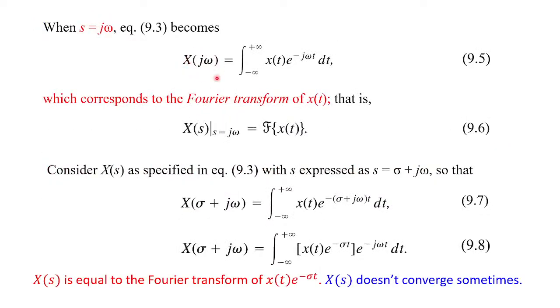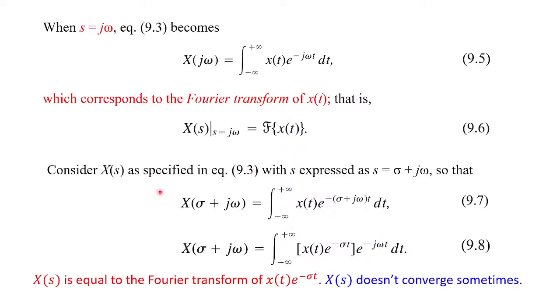Okay, so X of j omega here. So just this effect we write in another equation. Find out this is the Fourier transform of x of t, and this is your Laplace transform conditioned on your s being some purely imaginary number.